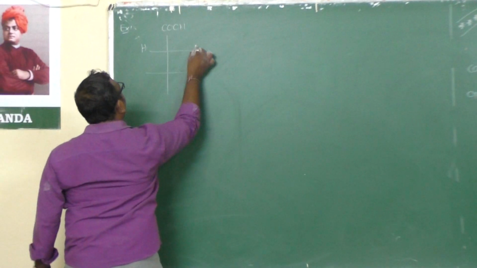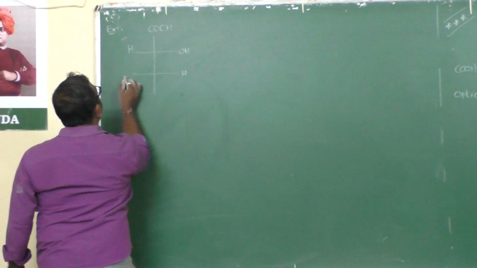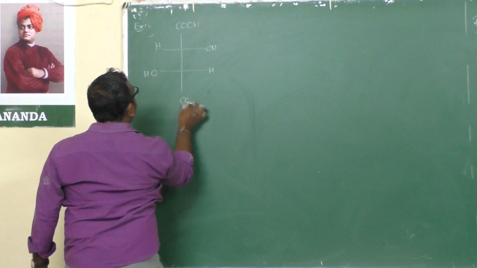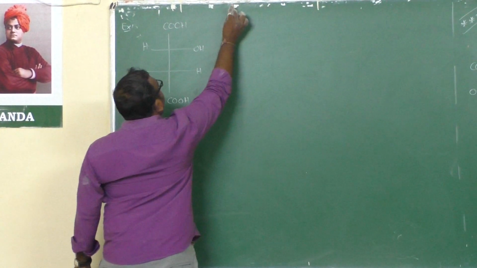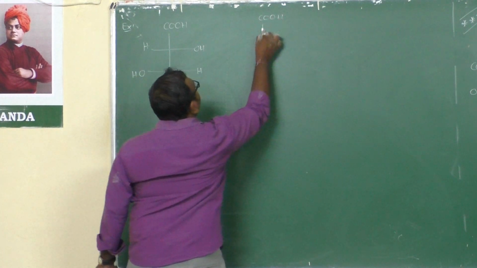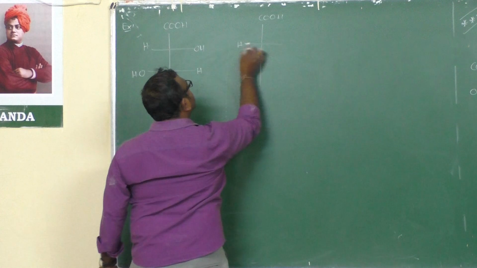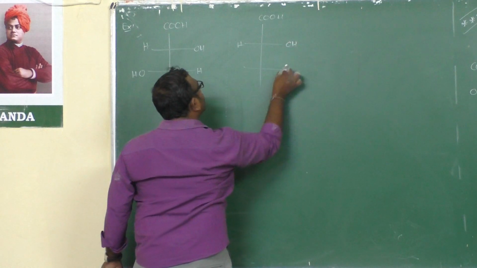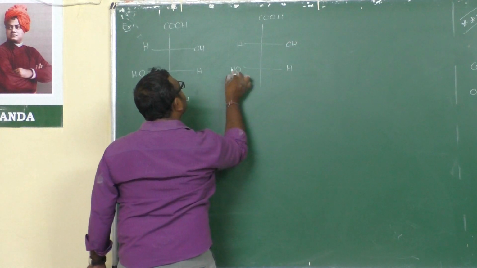Here H, OH, here H, OH. Draw a mirror image. COOH, this is H, this is OH, this is H and this is OH.